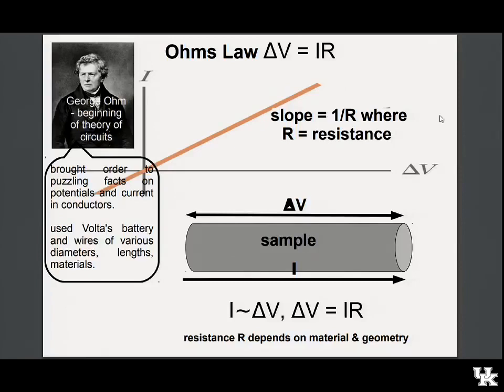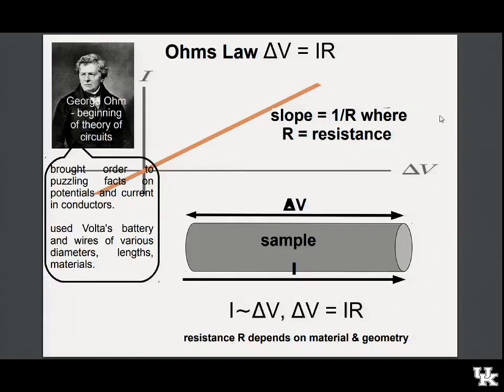So for wires like aluminum wires, copper wires, steel wires, or electrical resistors, or fluorescent lamps, incandescent lamps, the current that flows is in proportion to the voltage. And so he discovered that fact. I've written it down here. And the coefficient of proportionality is what we call the resistance R. And so this is Ohm's law.